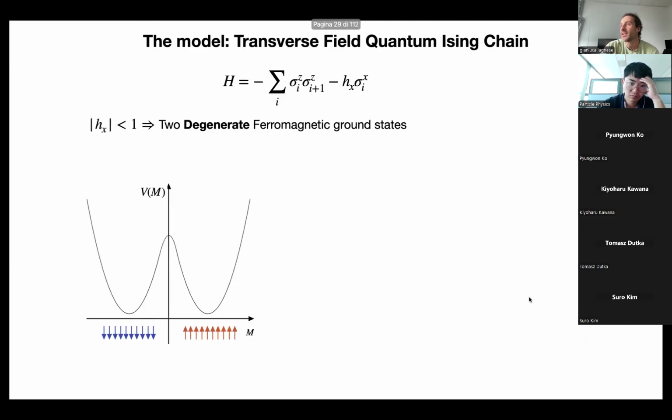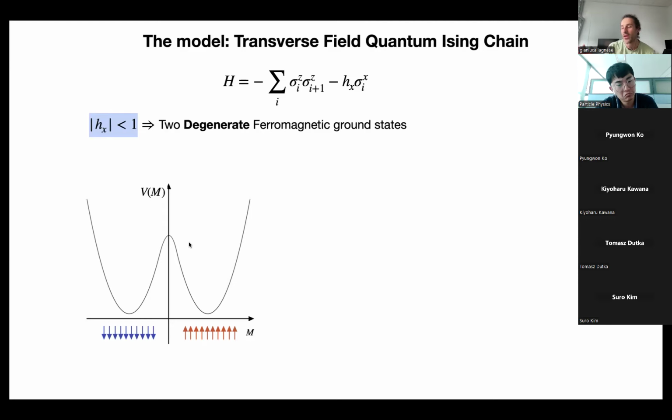Other than that, as far as we are concerned, we need this ordered phase, which, as I said, occurs when the transverse field is less than 1, for which you have 2 degenerate ground states, which I resemble with all aligned spins. Here I show you a Landau-Ginzburg picture.